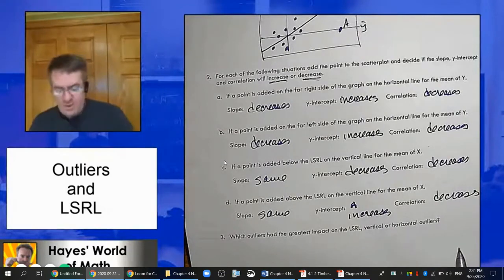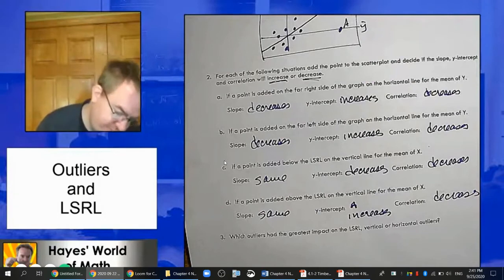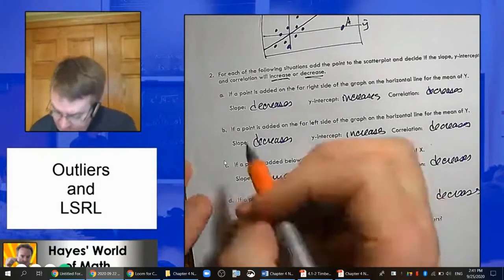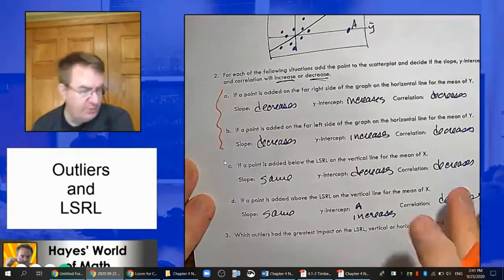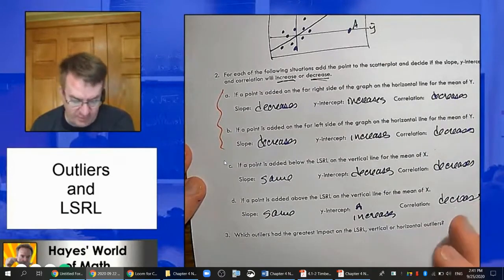So which outliers have the greatest impact on least squares regression, the vertical or the horizontal? Good question. The horizontal ones change everything.